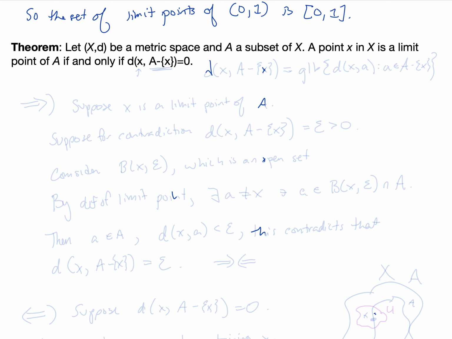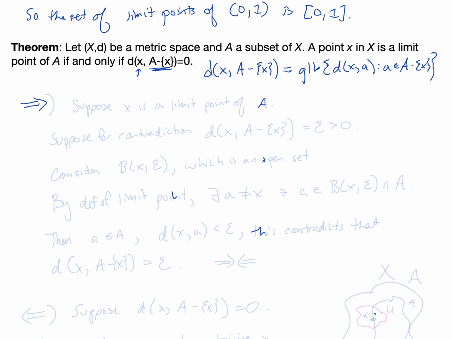Just as a reminder, the distance between a point and a set is the greatest lower bound of the distances between that point and elements of that set. So the set in this case is the set A other than the point x itself. We're trying to show that x is a limit point if and only if that greatest lower bound of the distances between the point and the set without that point is equal to 0.